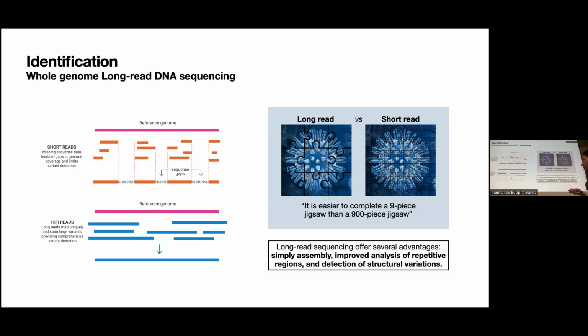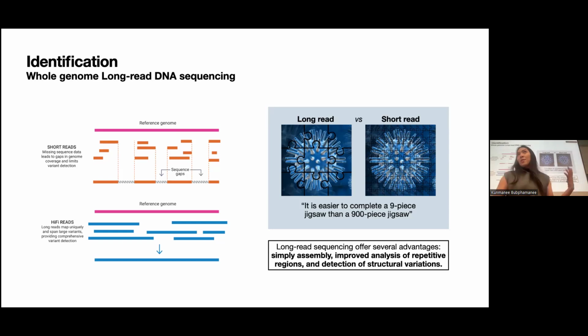And when we get the full DNA, it has minimal gaps. That's from what I understand compared to short-read. There is also improved analysis of repetitive regions, and with the multiple regions, you can detect structural variation in that DNA too. An analogy is a jigsaw.